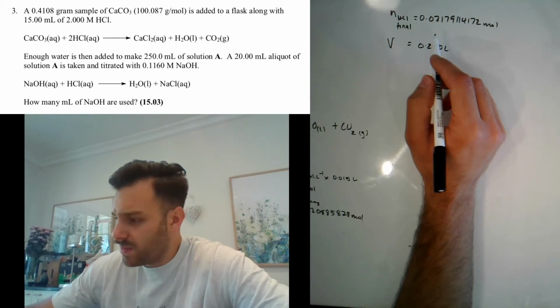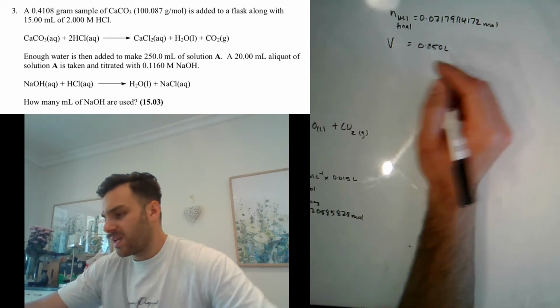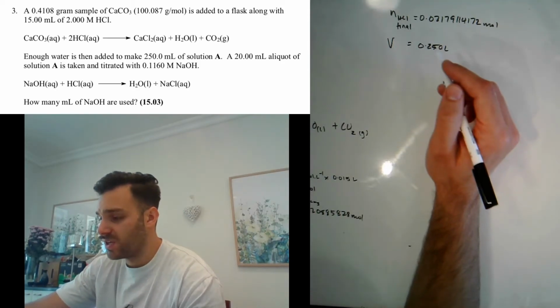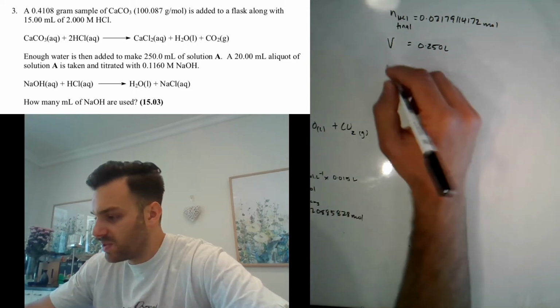So we take 20 mils of this solution. So I mean, you can do this in a couple of different ways. You can work out a concentration and then work out how much would be in 20 mils. Let's just do it.